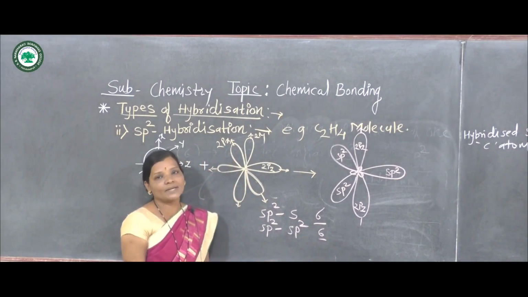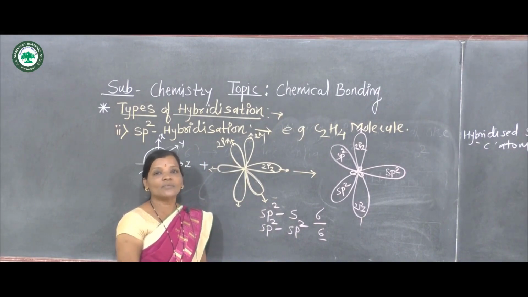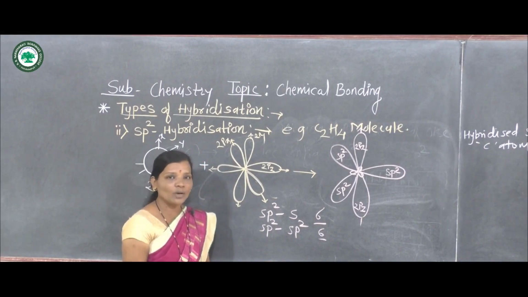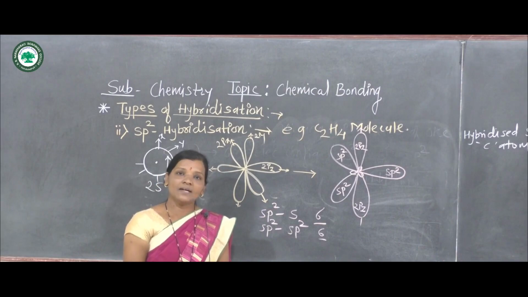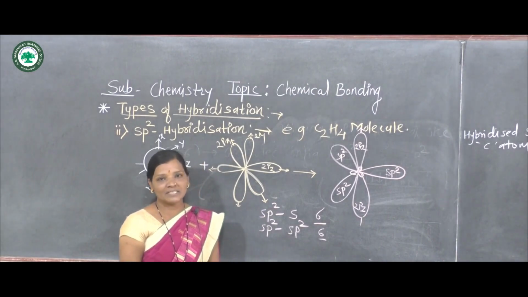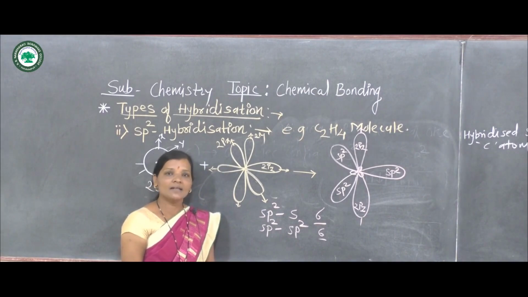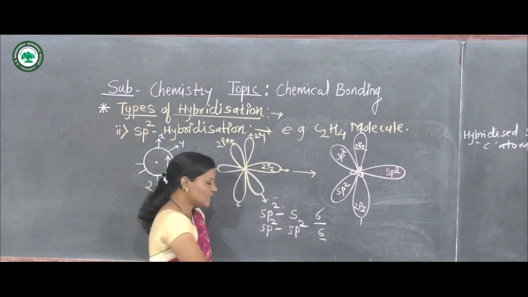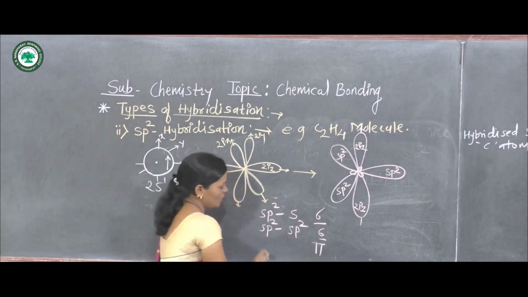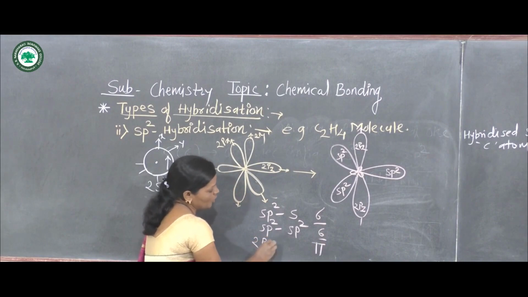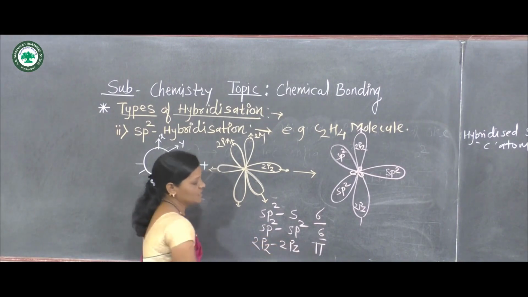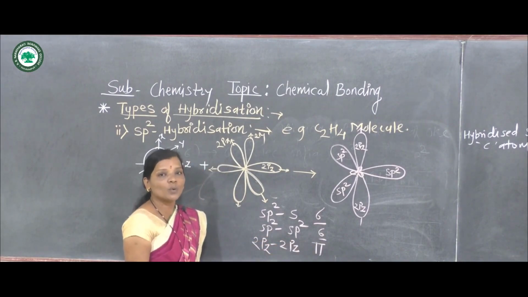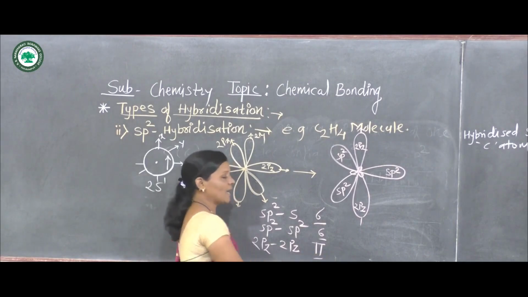The unhybridized 2pz orbital of each carbon atom overlaps laterally, and the extent of overlapping is obviously less as compared with the axial overlapping, and the bond formed between the 2 unhybridized orbitals of the 2 carbon atoms is nothing but the pi bond, which is formed by atomic orbital overlapping, that is 2pz overlapping, which one is the pi bond.